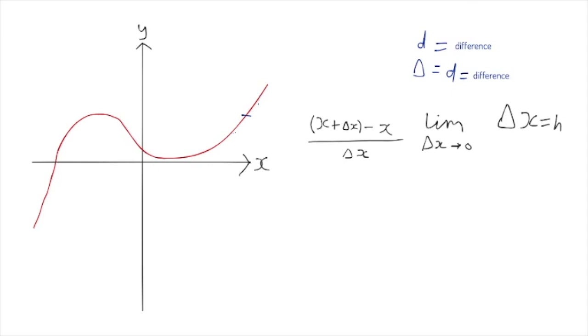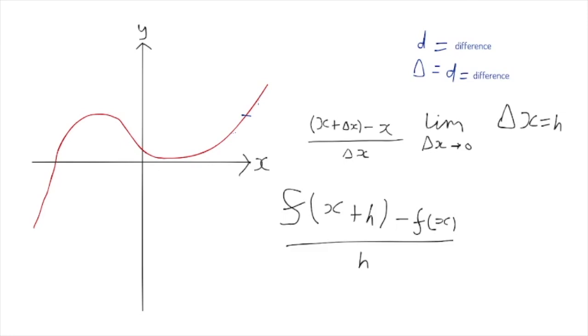So let's rewrite this. For whatever the function here, whatever the line is, whatever the equation is, the function f of x plus h, the difference in x, minus the function of x, divided by h.